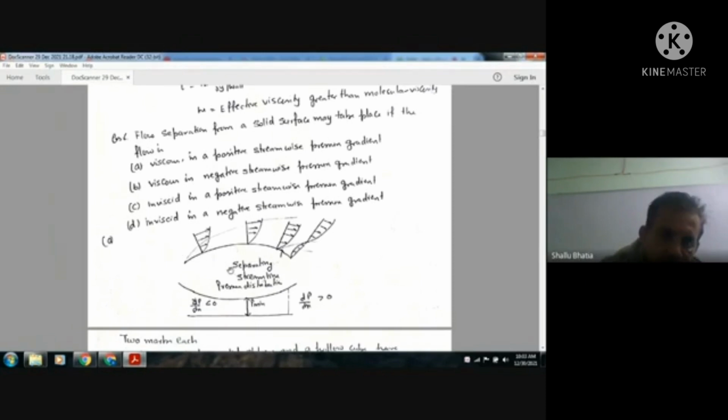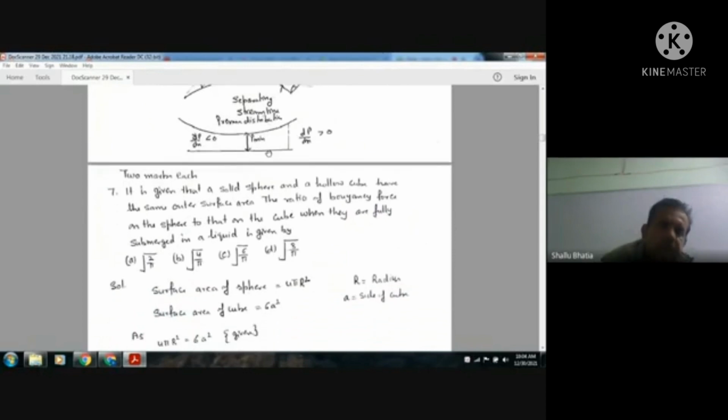Here you can see that the pressure gradient is negative, so velocity will increase. And here the pressure gradient is positive, so velocity will decrease, and it tends to separate or it can take a negative value. So when the pressure gradient is positive, the separation of flow can take place. So the flow separates from here. Okay, so you have to remember like this. Then the answer is your A.